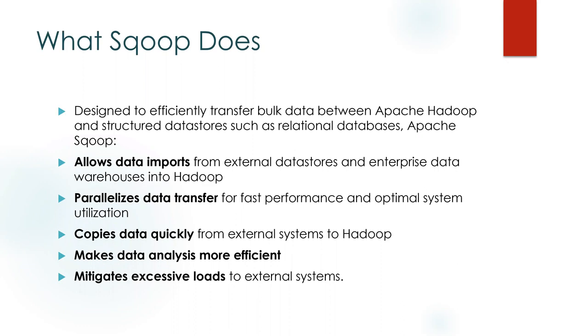So SQOOP parallelizes your data transfer. What it means is that it's not like SQOOP is copying the entire table in one shot, right? It will divide your table and then it is going to parallelly copy the data to speed up the process. Okay, so that is how SQOOP works. We will see that. And copies data quickly, makes analysis efficient, and so on and so forth. So we saw this already.